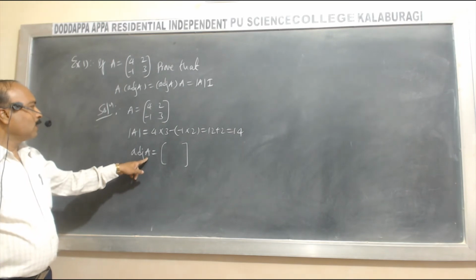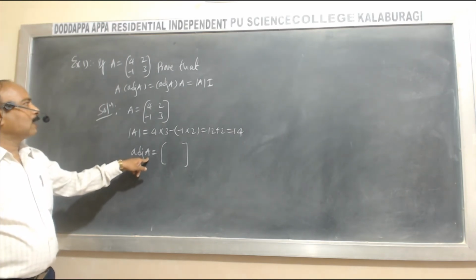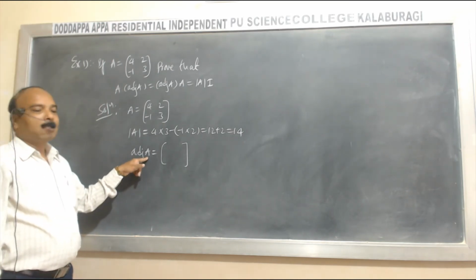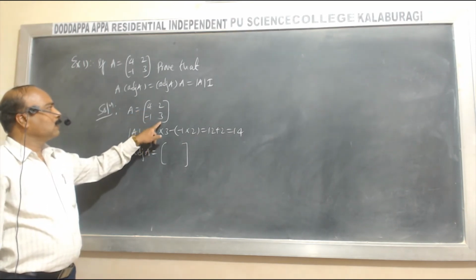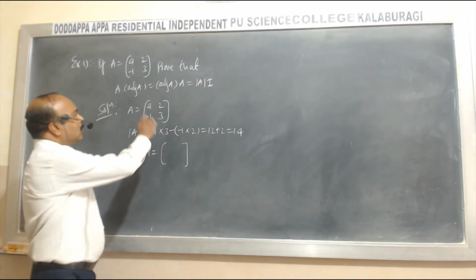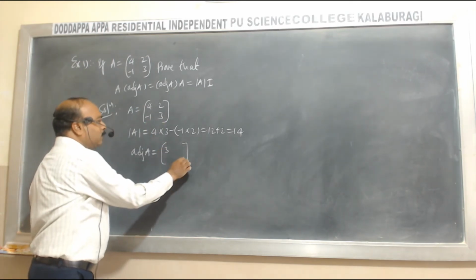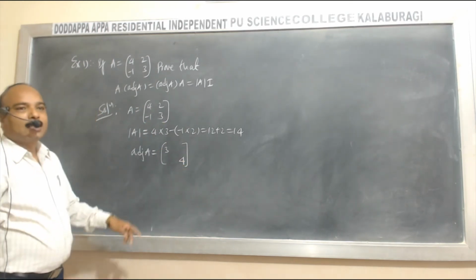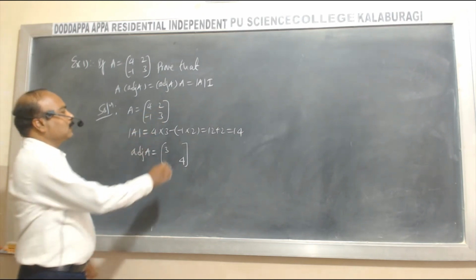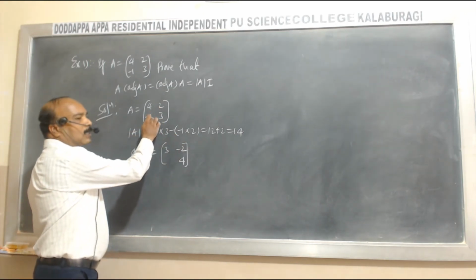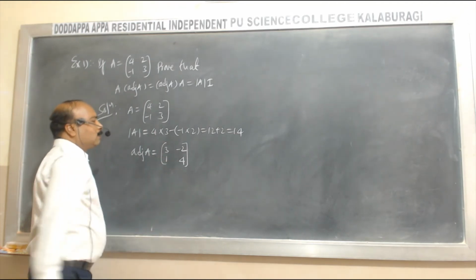Adjoint of a square matrix: yesterday we discussed the direct method. In the direct method I told that for adjoint of a square matrix, first we interchange the diagonal elements. Here 4 3 changes to 3 4, and the signs of the non-diagonal elements change, that is 2 changes to minus 2 and minus 1 changes to plus 1.